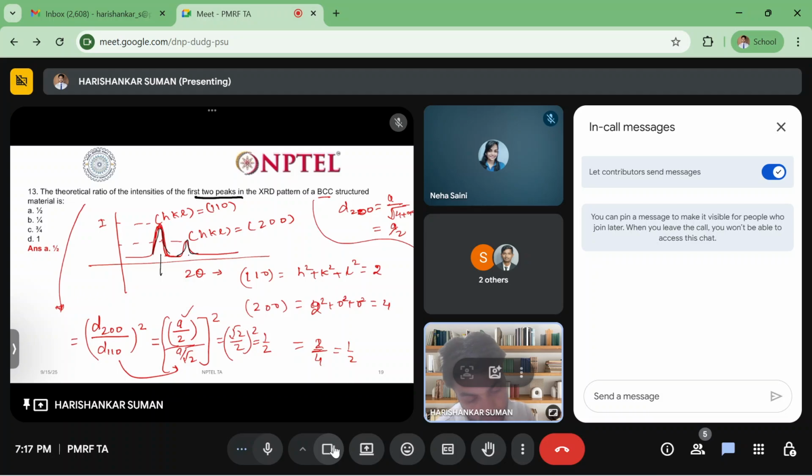We know that for BCC, the sum of HKL should be even.